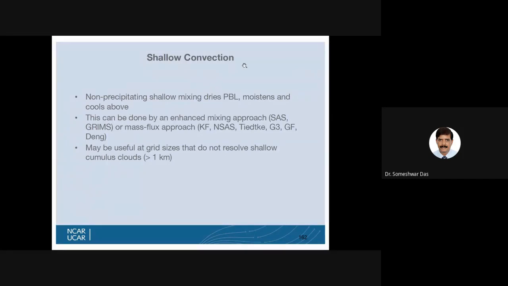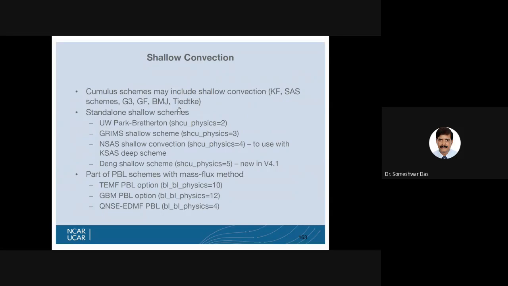If in your model many grid points are not precipitating, then you can use these schemes separately, like Kain-Fritsch, SAS schemes, etc. Then there are schemes which are standalone for shallow convection, used in University of Washington, GRIMS, and SAS, KSAS, etc. Part of the previous schemes with mass flux methods are like these schemes, and you have to use these options for that, non-linear PBL, physics 10 or 12 or 4.